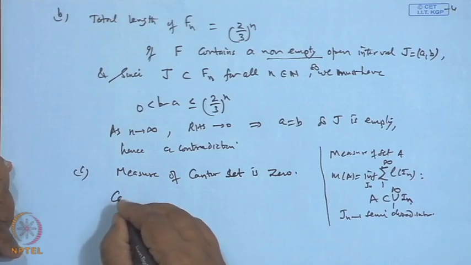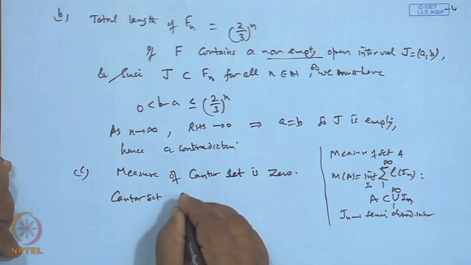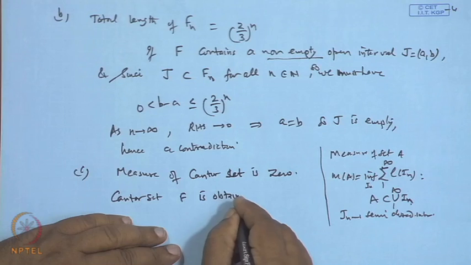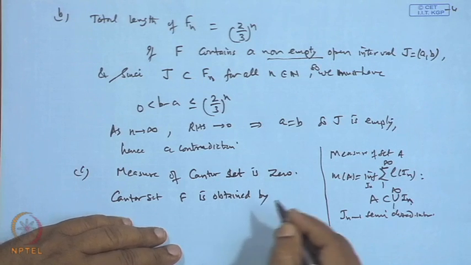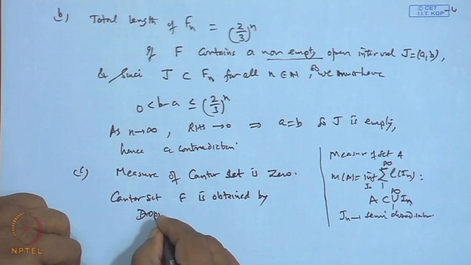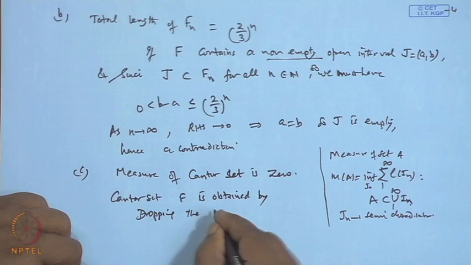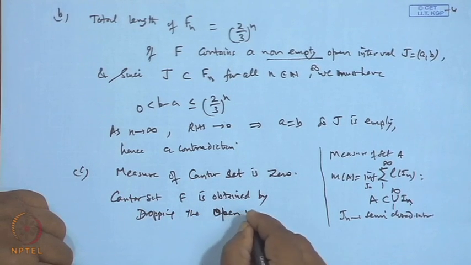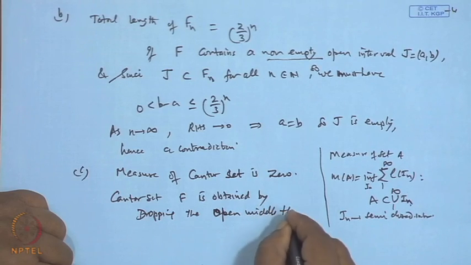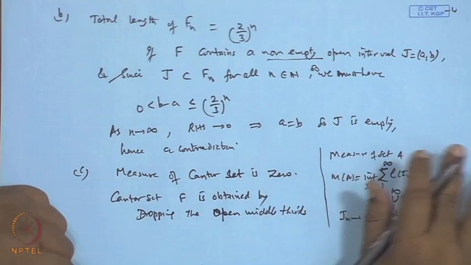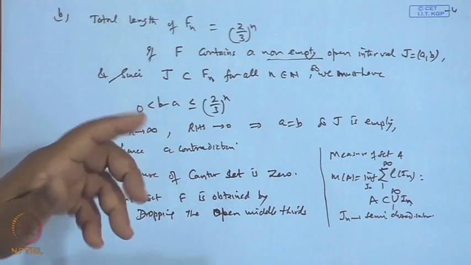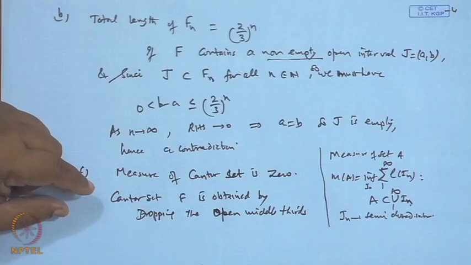The Cantor set F is basically obtained by dropping the open middle thirds. When you divide the whole closed interval into 3 parts, the middle third you are dropping. So, it is obtained by dropping this one.